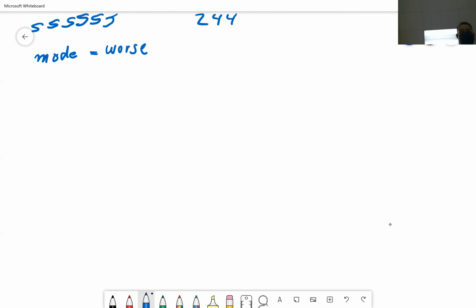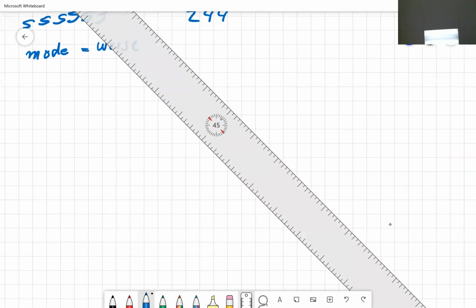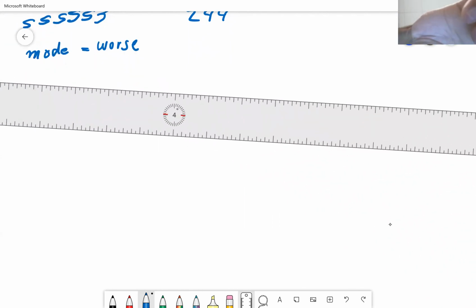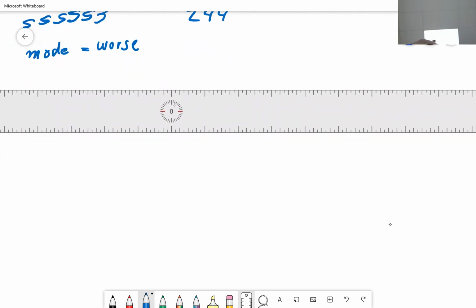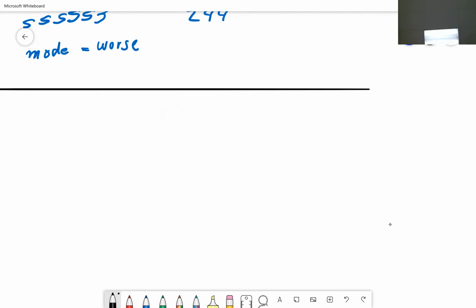Let me go ahead and use this ruler here. And let's go ahead and talk about weighted mean.